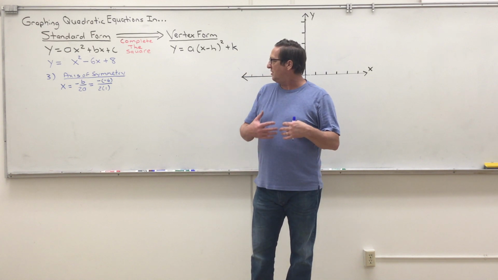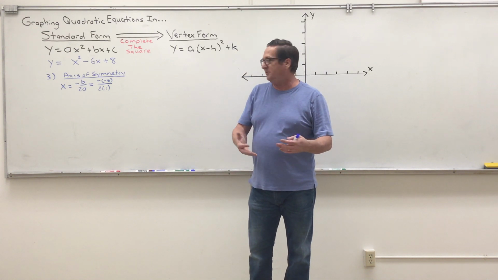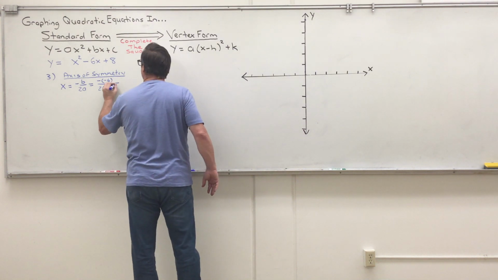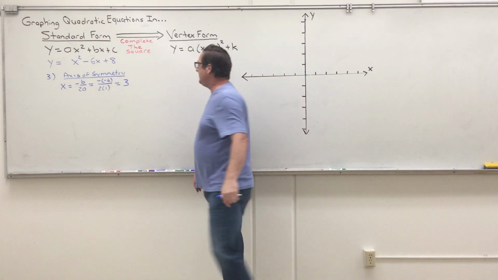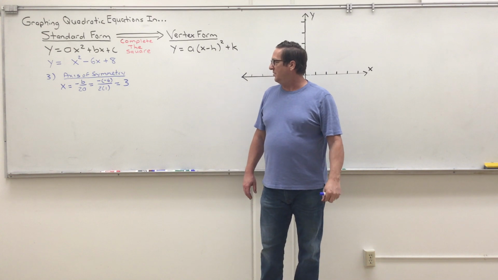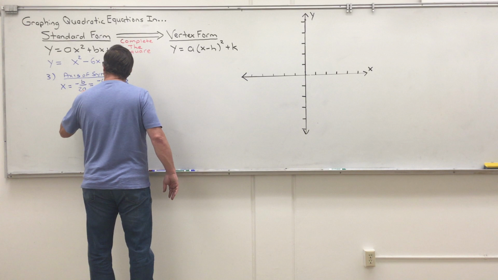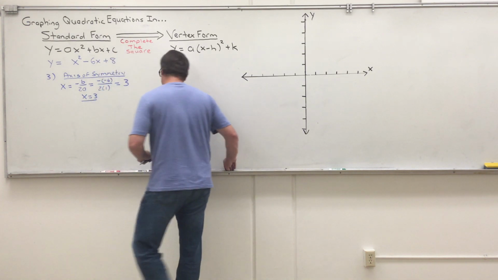We plug in our b value and our a value, and after we do our order of operations and watch our signs, we get 3. We get an axis of symmetry of x equals 3.